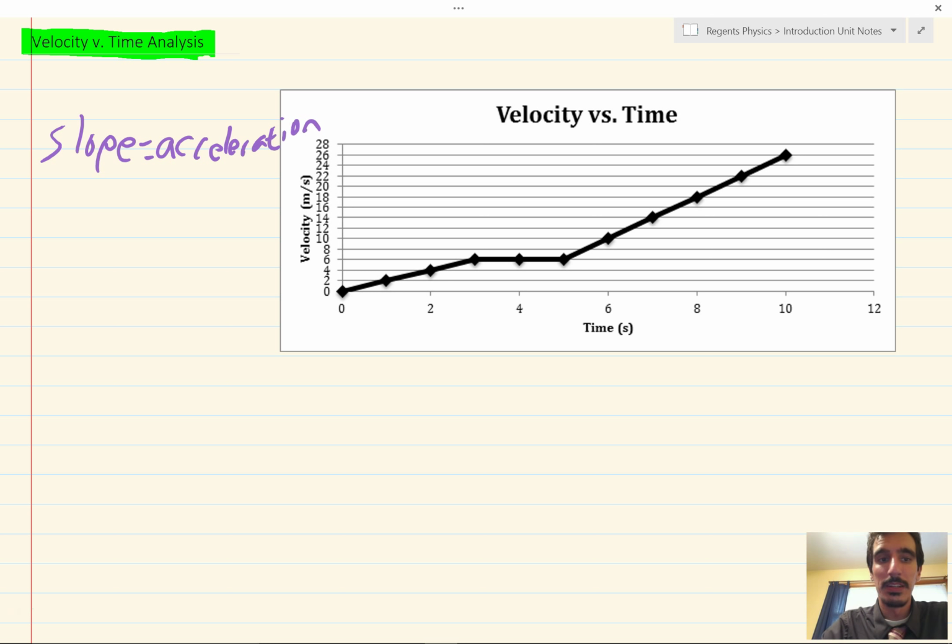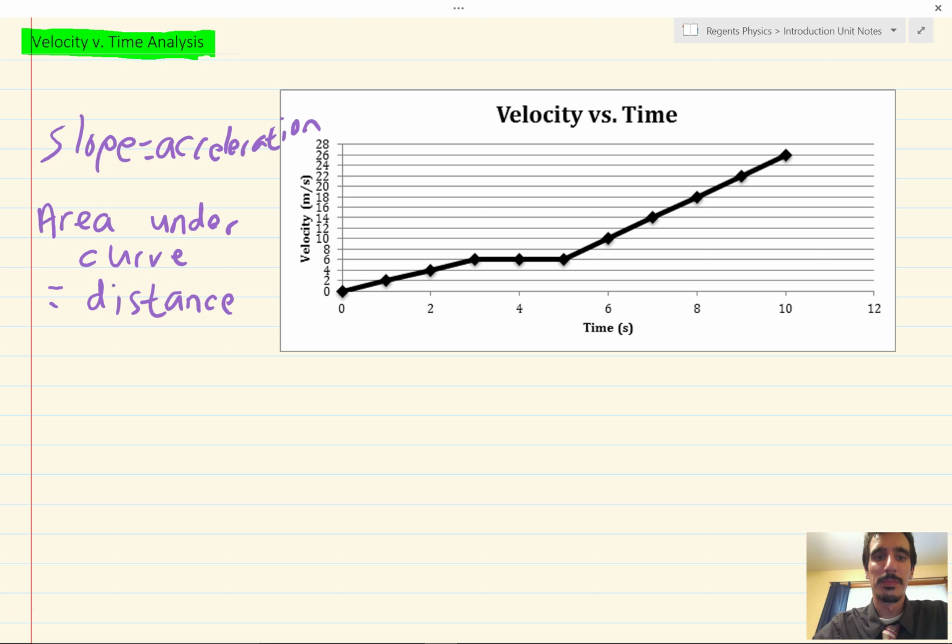And the other thing is that the area under the curve, or under the line, is equal to the distance. We'll analyze it at each time interval. So let's look at the first time interval from 0 over to 3 seconds. We'll find the slope for each time interval, and then we'll do the distances.